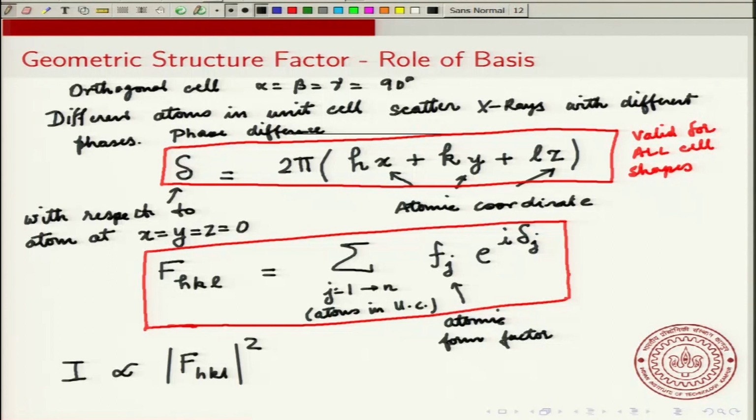Now let us take the example of FCC. In FCC there are 4 atoms per unit cell.